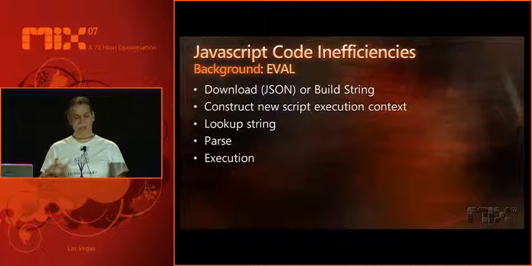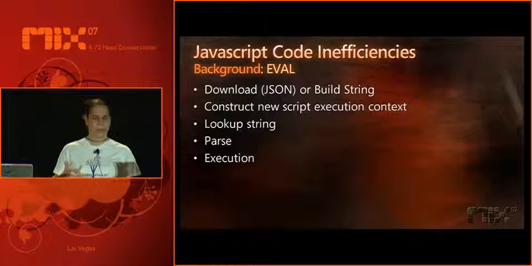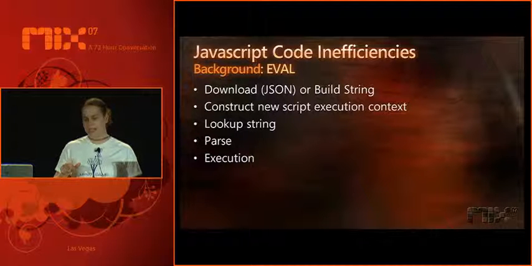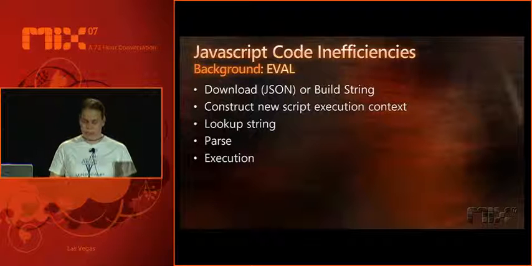Then I have to parse the string and then execute it. So unless you are doing JSON or unless you have some very important need for eval, you should avoid eval at all costs.